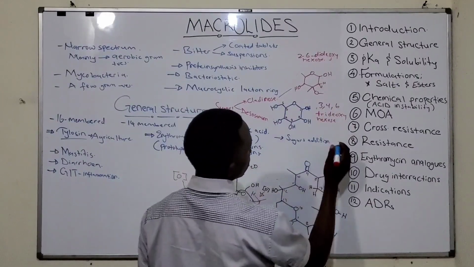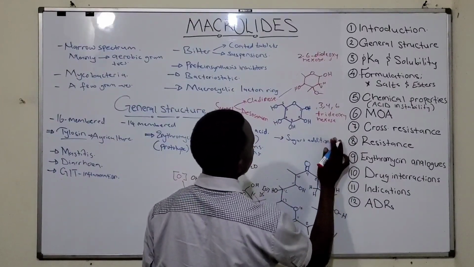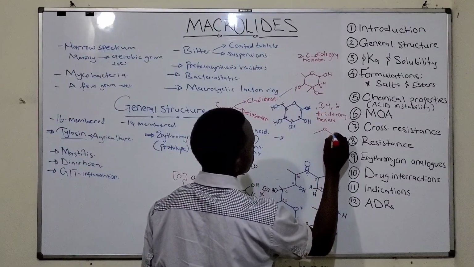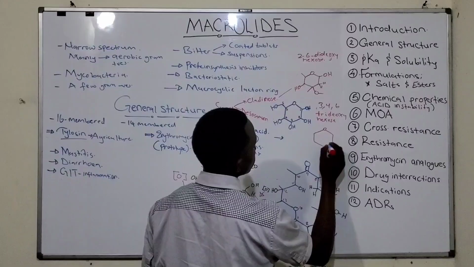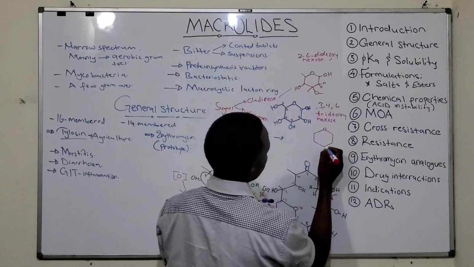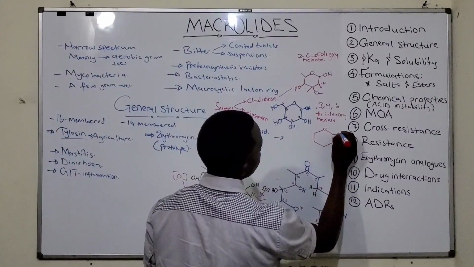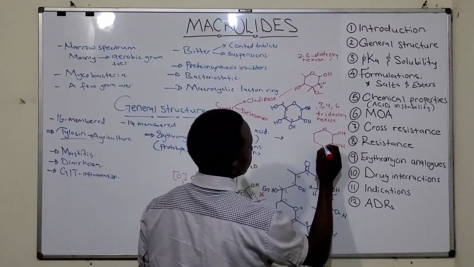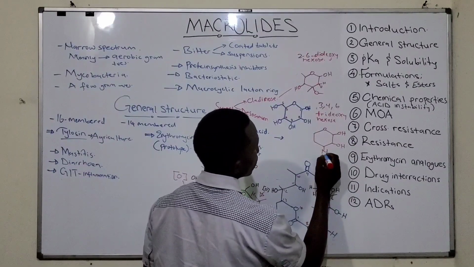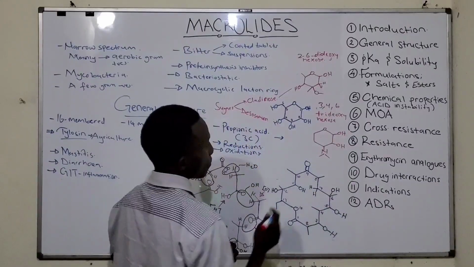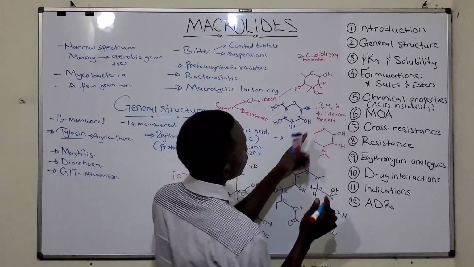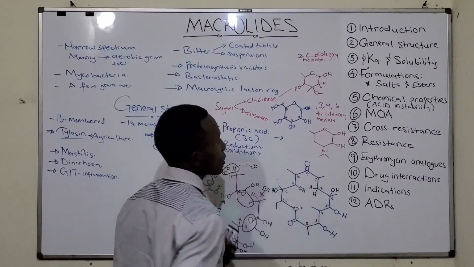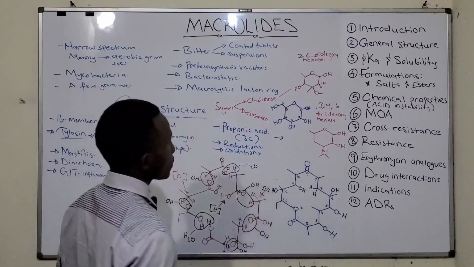For the succinylate, its structure is like this. At position 3, there is no OH group, but this is position 1, there is OH. This is position 2. At position 3, we have a dimethylamine for the succinylate. Then position 4, there is no OH group, and position 6. So this one will be its structure.